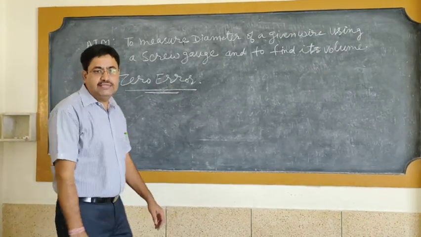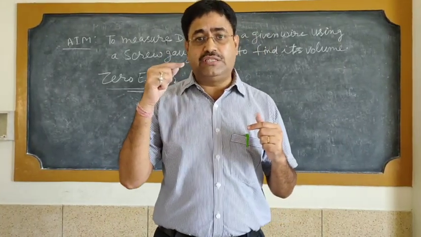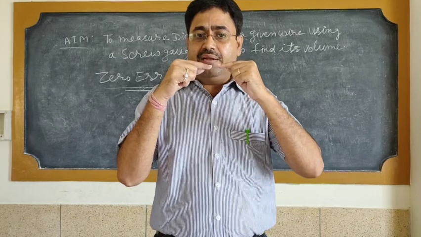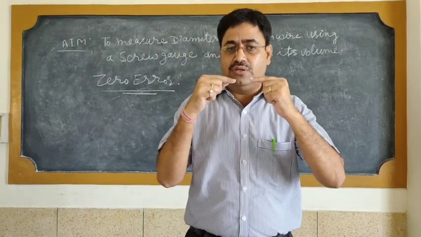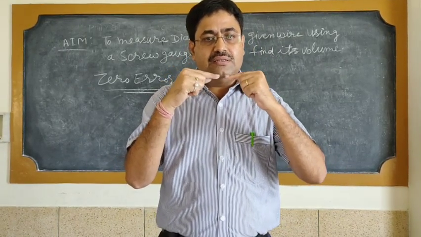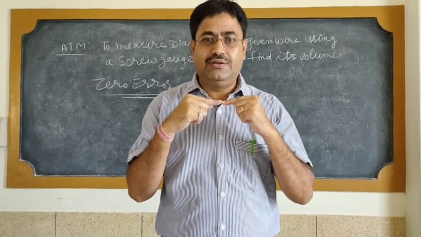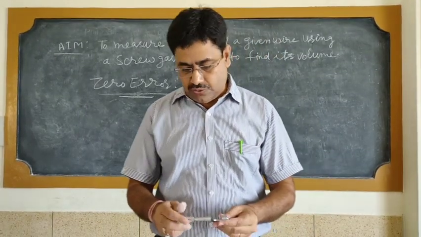What do you mean by zero error? When zero of the circular scale is exactly coinciding with the main reference line, it means this screw gauge has no error. For example, when we close both the studs very close to each other, as I am showing you, if you see clearly, zero of the circular scale is exactly coinciding with the reference line.